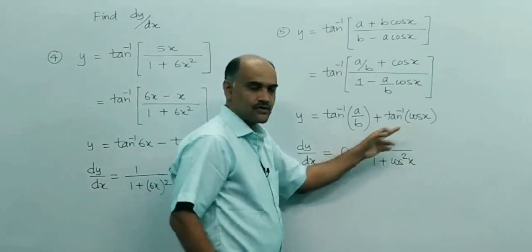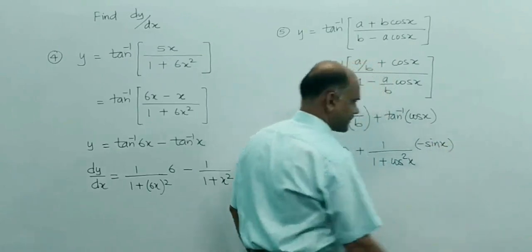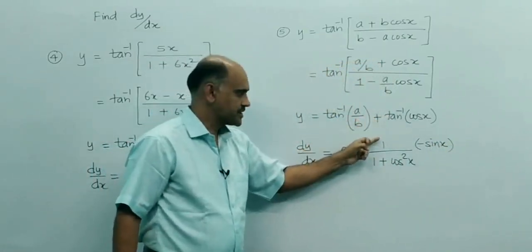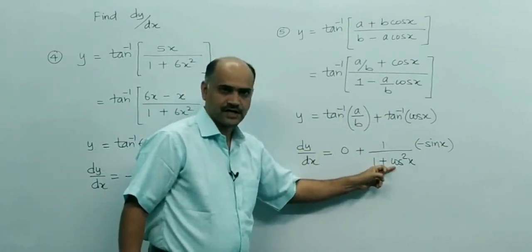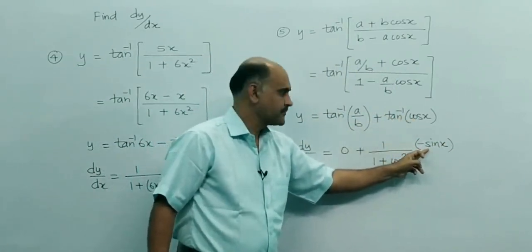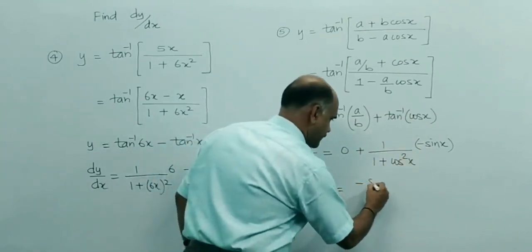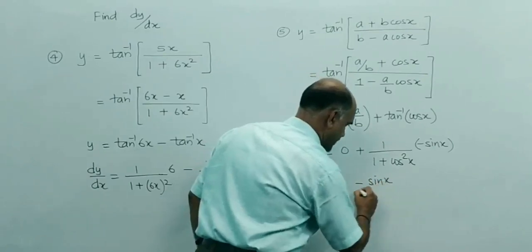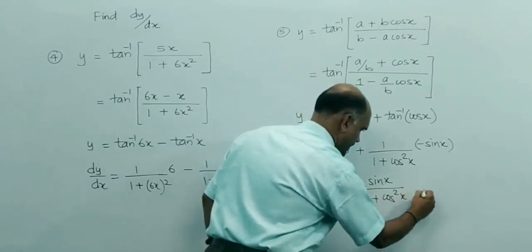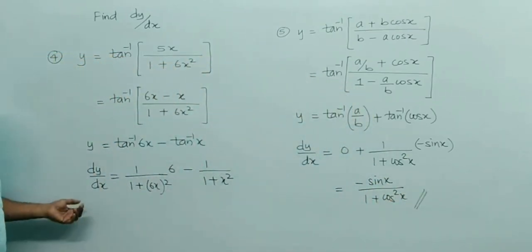Again by chain rule, cos x differentiates to minus sin x. So finally you can write dy by dx is minus sin x divided by 1 plus cos square x.